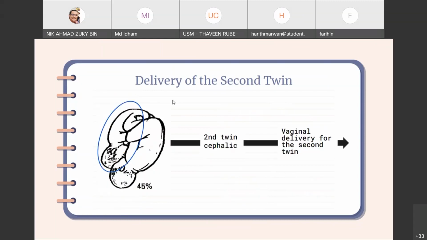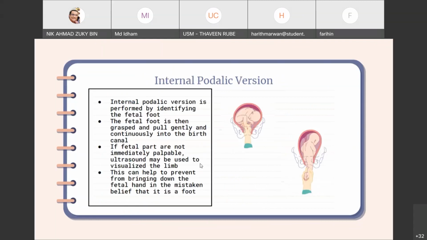Okay, and then moving to the delivery of the second twin, if the second twin is cephalic, normally vaginal delivery will be preferred for the second twin. Next, if the second twin is transverse or breech, we will talk about internal podalic version. Internal podalic version is a maneuver where we identify the fetal foot.